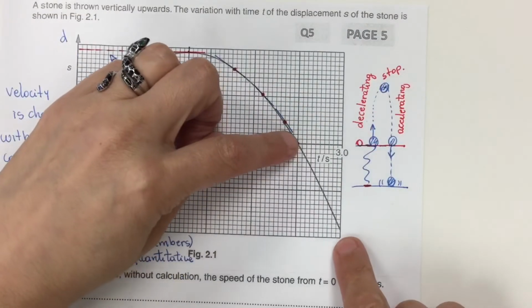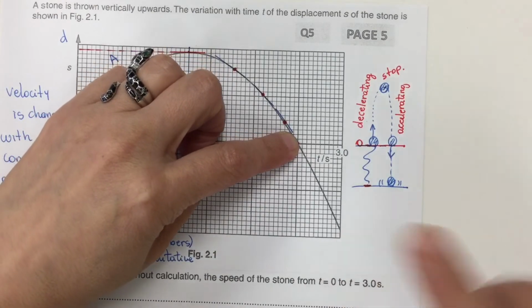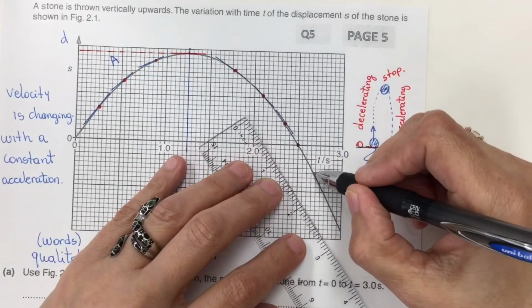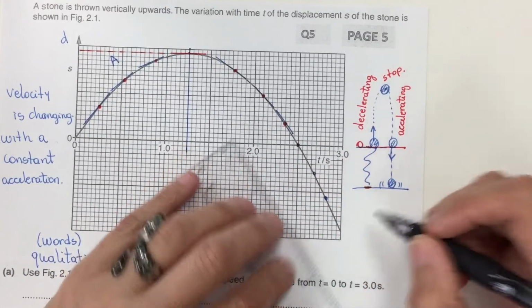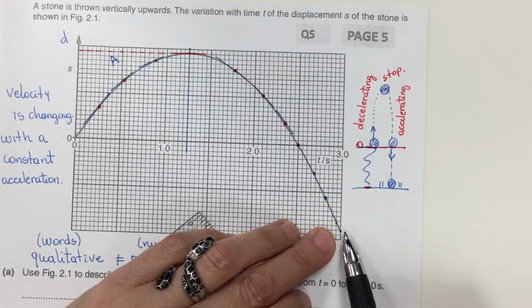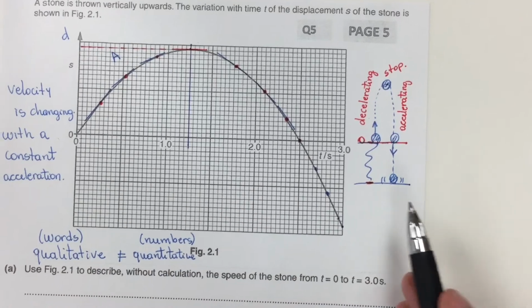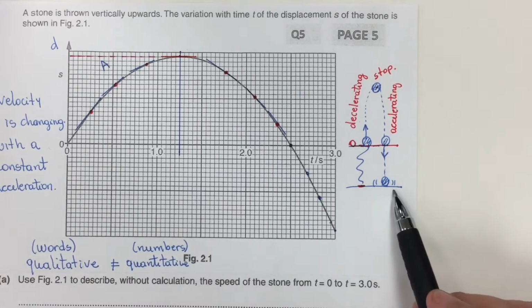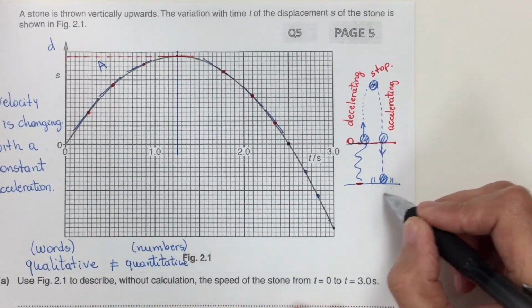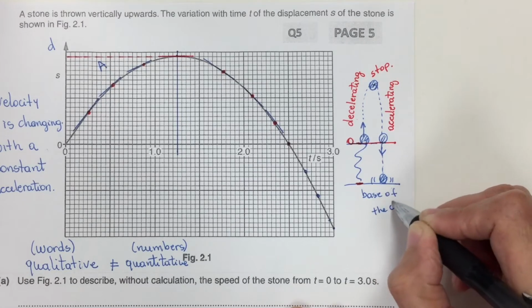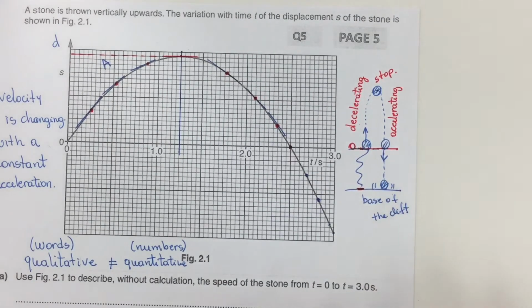Now what is happening in this section? In this section, it continues to accelerate until, I don't know if the graph ends when the stone hits the ground, it didn't say the stone hit the ground after 3 seconds, but if the stone hit the ground right here, this is the base of the cliff. We are using that as an example.